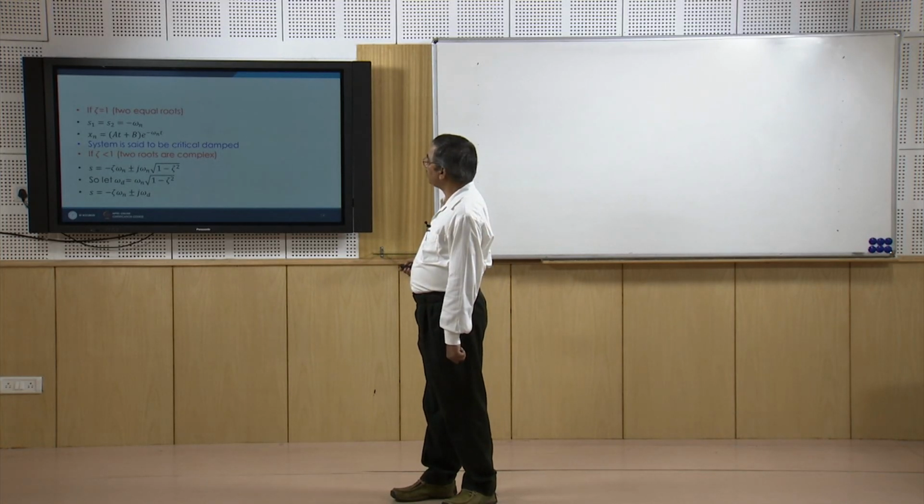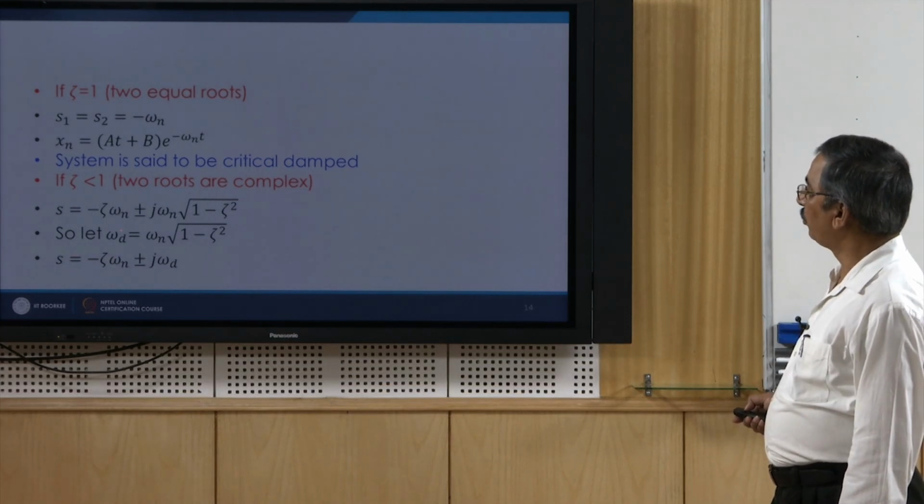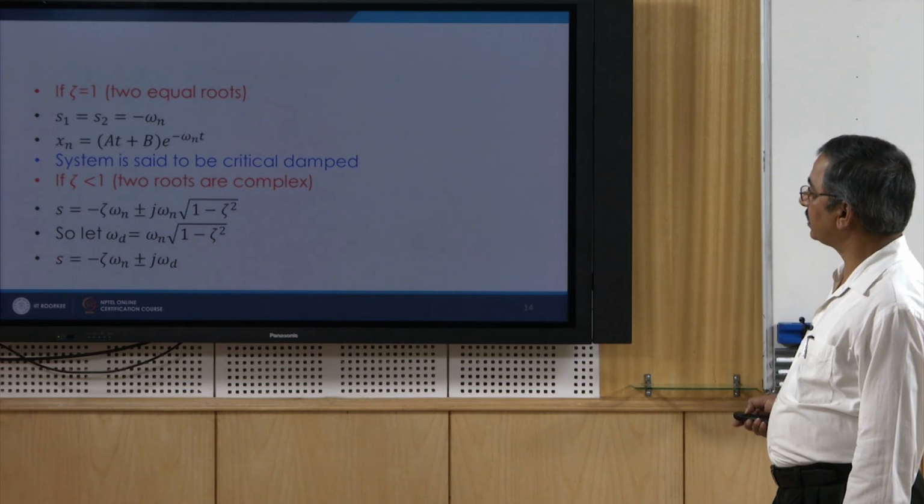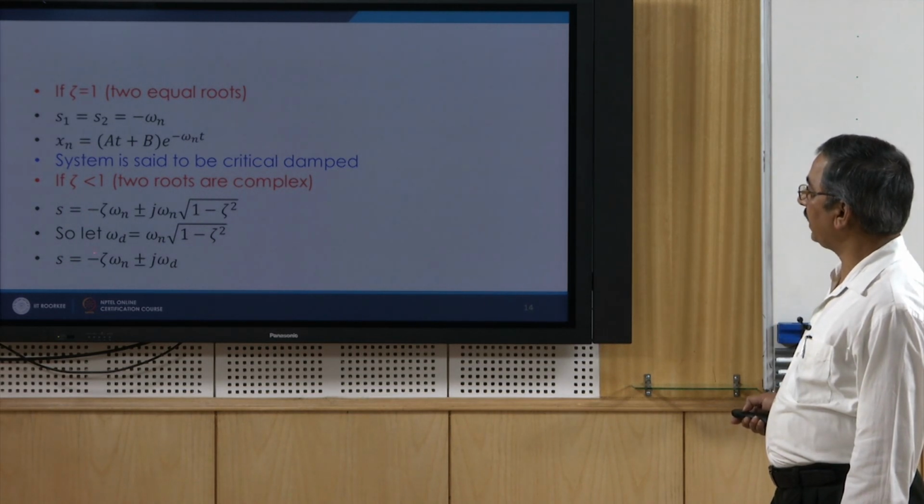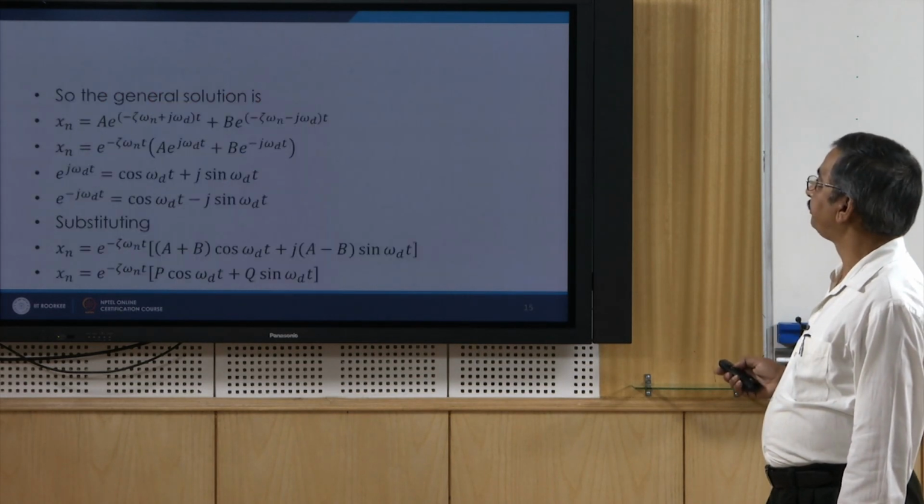So, this is my general solution. Now, let us define a term omega d, which is equal to omega n into under root 1 minus zeta square. If we do that, the value of s is going to be minus zeta omega n plus minus j omega d.